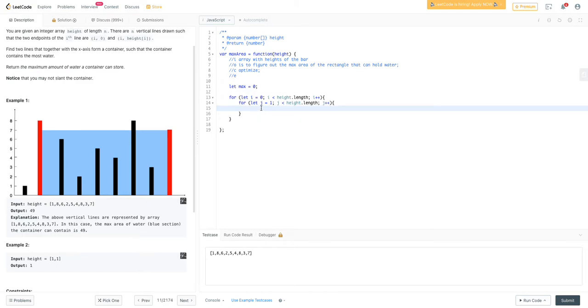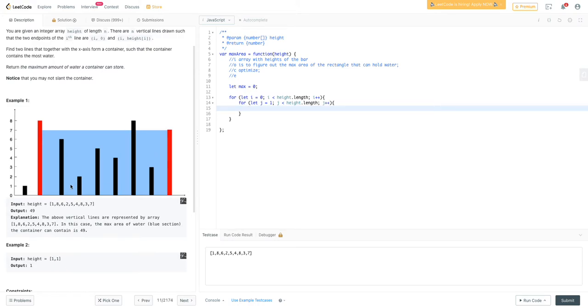So in here, in order for us to figure out how much water these two bars can hold, we need to pick the lowest height, because it doesn't matter how high one side is. If the other side is small, the water is not going to hold, right? So the smallest is the height we need to take.